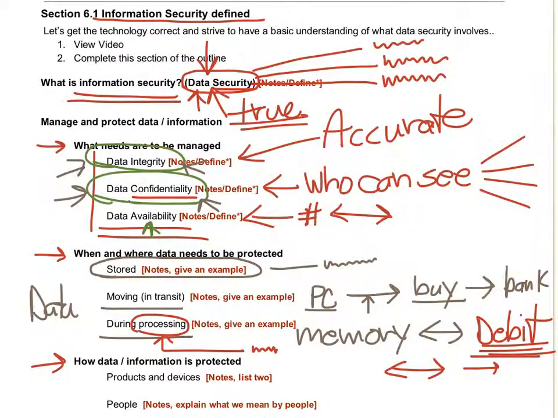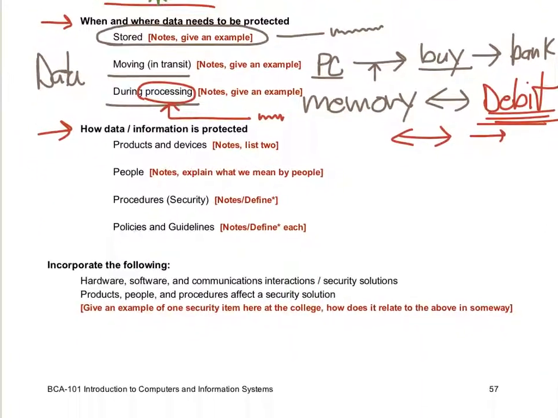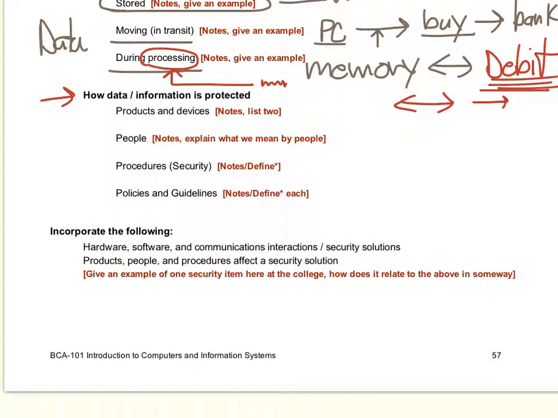We've got some important items here that we'll talk about. How data information is protected. Basic ways, okay? Here's how we can protect products and devices. You can put a passcode on your phone so if somebody else picks up your phone, they can't get in.